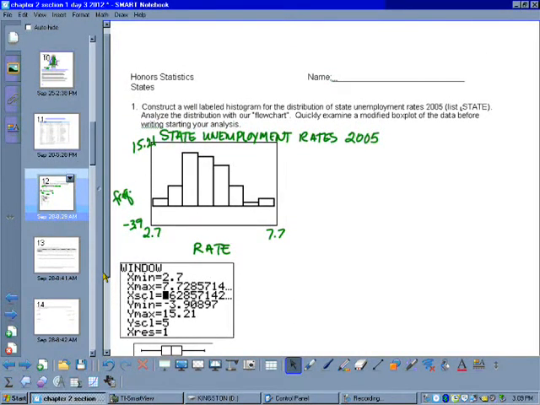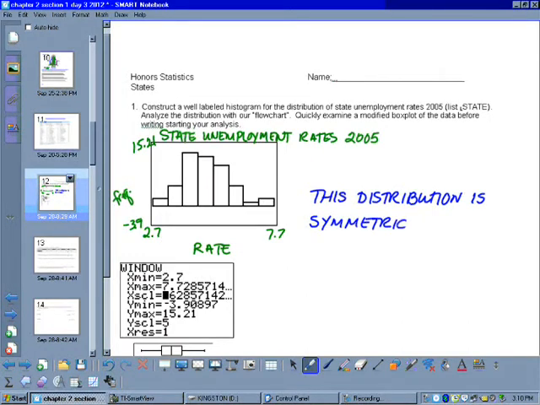Now we can write our words. This distribution is symmetric. It is bell-shaped.